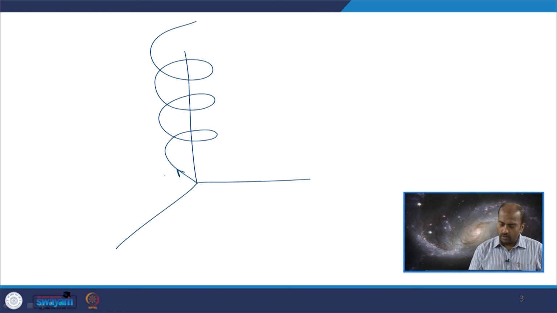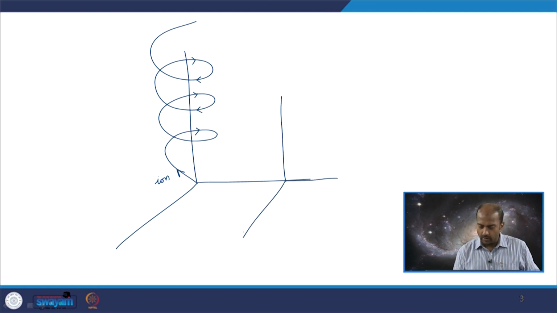So, this is an ion, that means it will go like this. And an electron, let us say if the origin is shifted here, will revolve to its right.